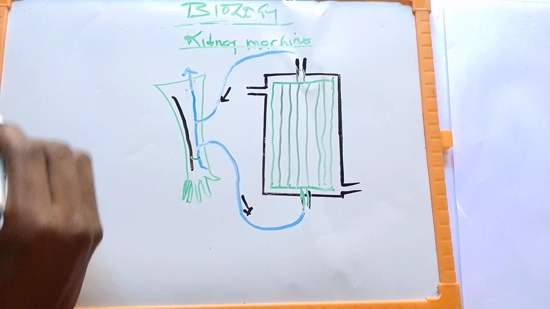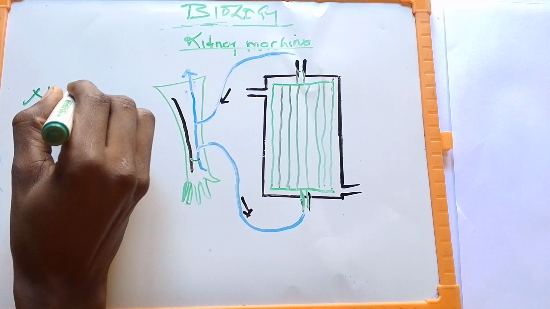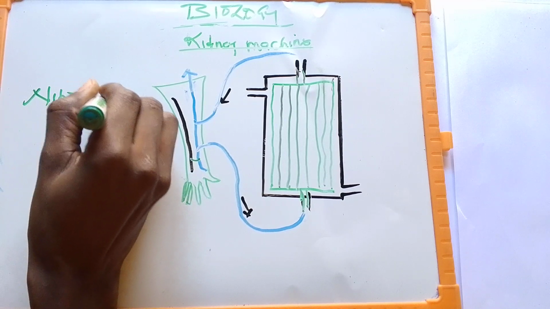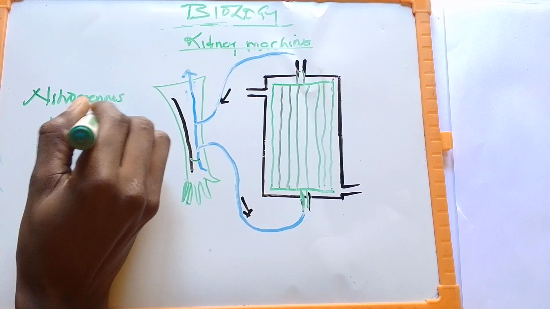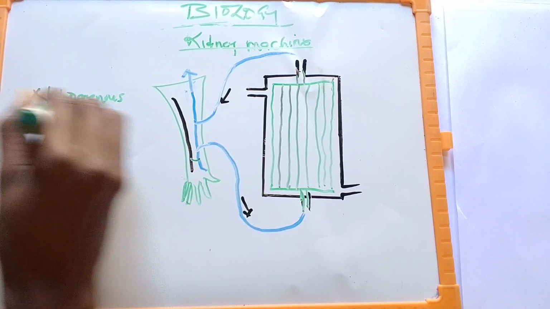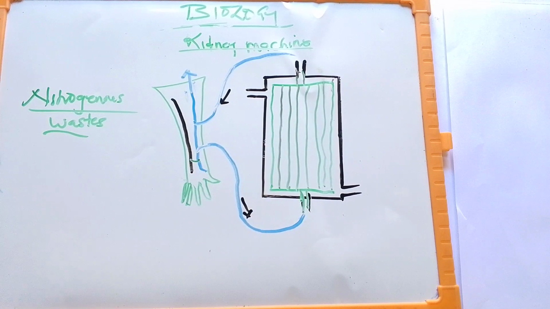So let's look at what you call nitrogenous wastes. Nitrogenous waste is the major thing which the kidney works on.